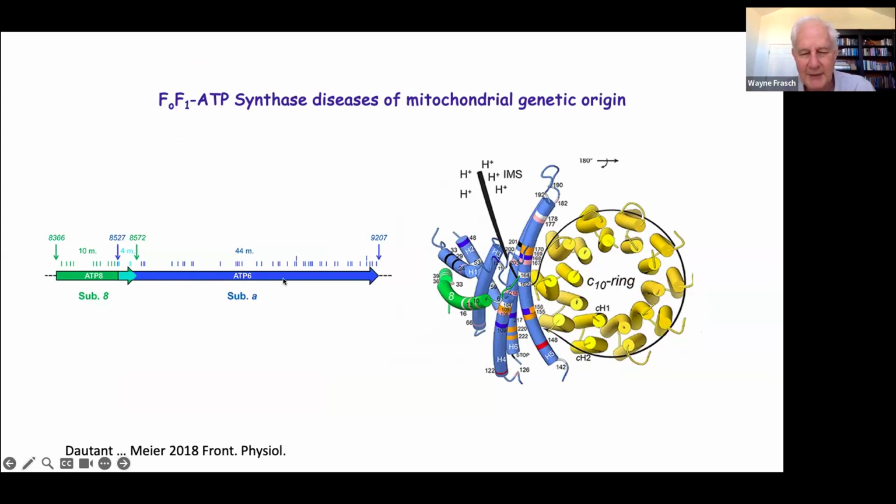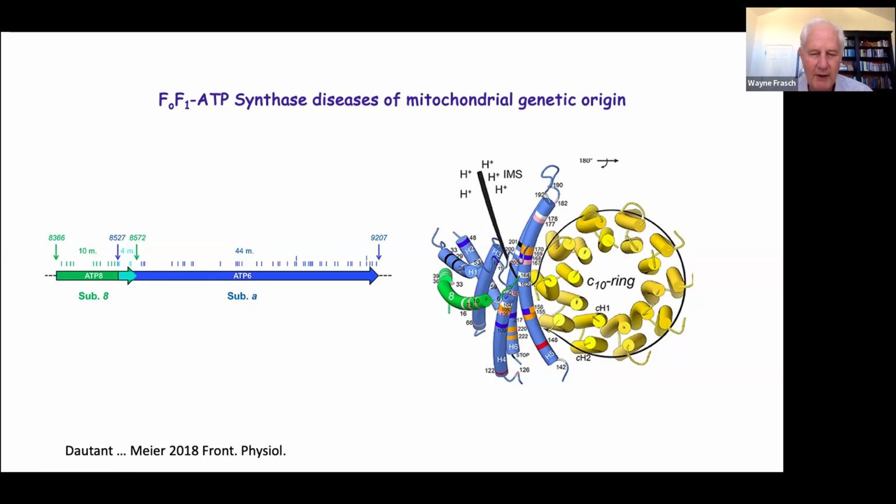ATP6, though, is subunit A, which is the critical protein in the stator that generates the torque on the C ring as the protons come through. Doug Wallace has done an awful lot of research showing there are sensitive parts of the DNA sequence in the mitochondrial genome that are much more susceptible to mutation than other parts, and he's characterized a lot of these.